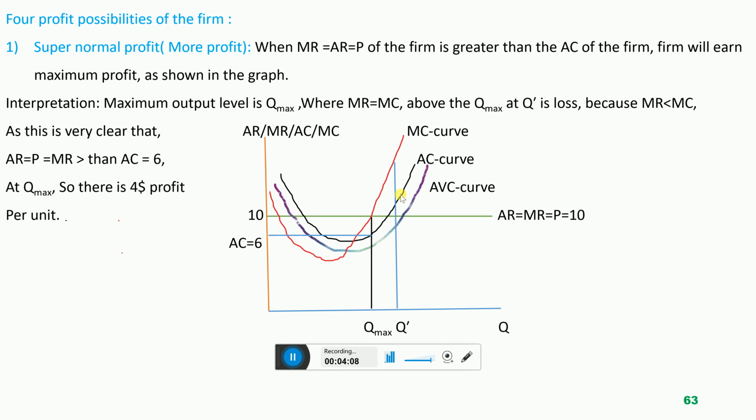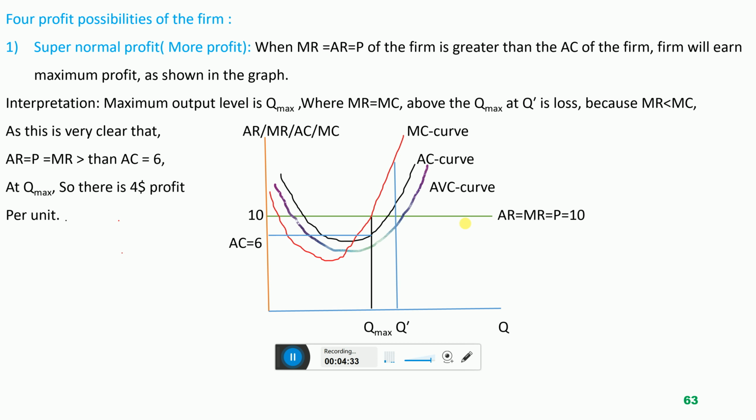Short-run cost curves, U-shaped. We study these curves in detail. And short-run average revenue, marginal revenue or demand curve, this green line. With the help of these curves, we will determine the maximum output and abnormal or maximum profit.